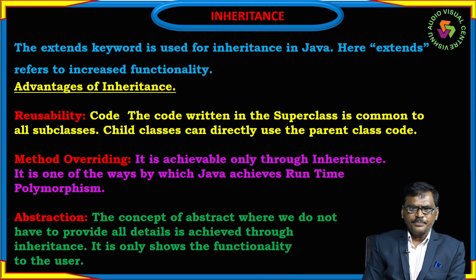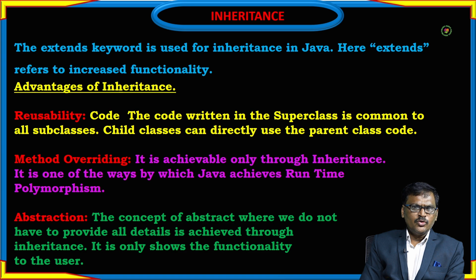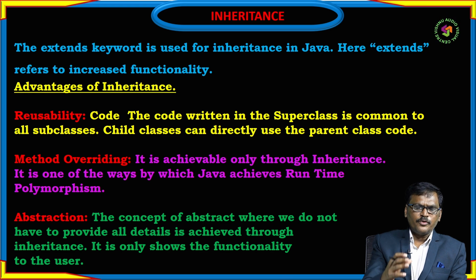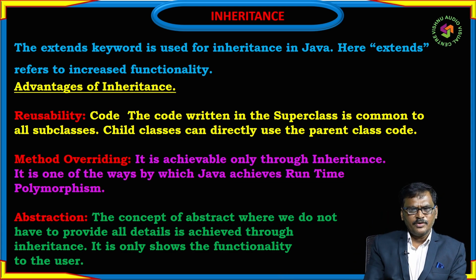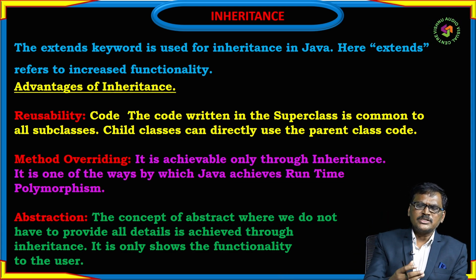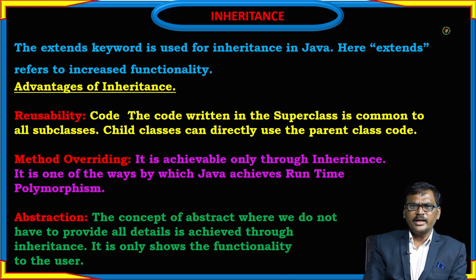Reusability means we should not write the same program code again and again. If there is existing code, we can use it directly from superclass to subclass. The superclass has some code, and that code can be directly accessed in the derived class.